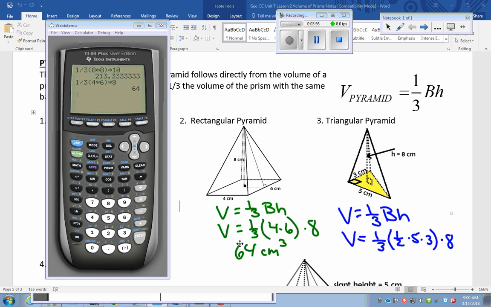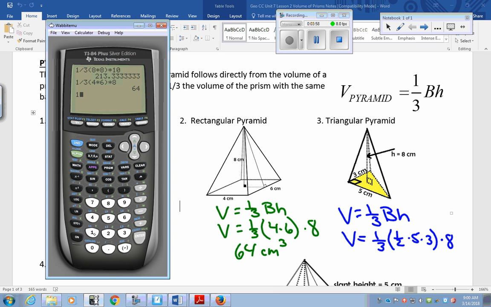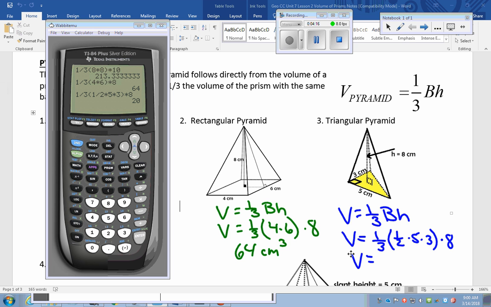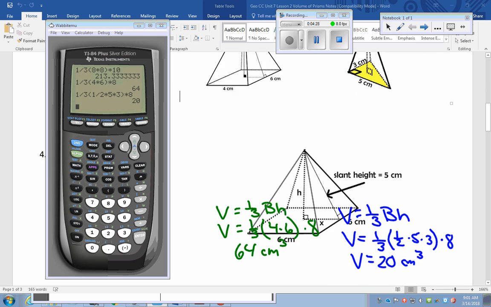Just like I did for the last one, I'll type that in the calculator: 1 divided by 3, parenthesis, 1/2 times 5 times 3, close parenthesis, times my height, which is 8. I end up getting a volume of 20 centimeters cubed. And then we'll move this down, we'll look at the last one.